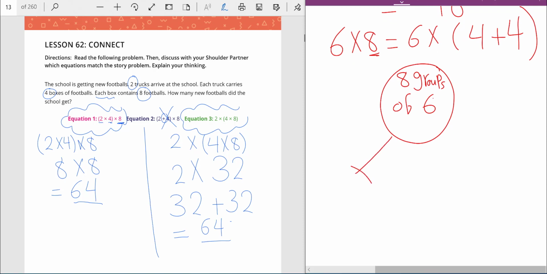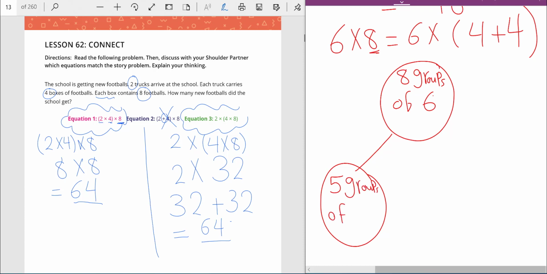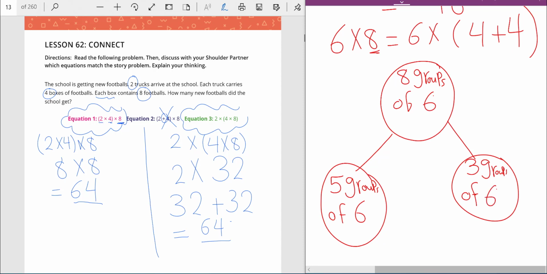we can distribute 8 into 5 groups of 6 and 3 groups of 6. So we distribute 8 into 5 and 3.